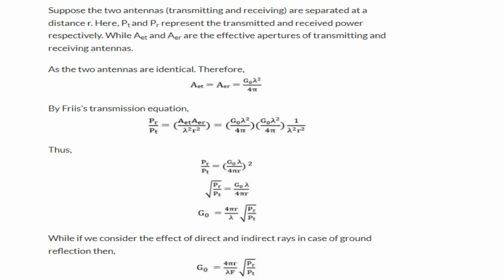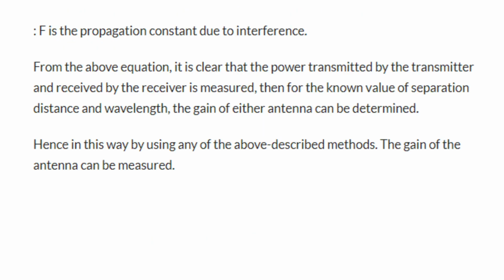By the Friis transmission equation, the G0 value is calculated as 4 pi R by lambda times root of PR by PT. If we consider the effect of direct and indirect rays in case of ground reflection, then the G0 value will be 4 pi R divided by lambda F times root of PR divided by PT.